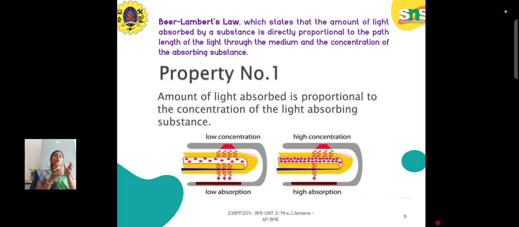So what property one tells us is that the amount of light absorbed by the substance is directly proportional to the concentration of the particular molecule present in the substance. If you have more absorption, it means the concentration of oxyhemoglobin and deoxyhemoglobin is also more in that blood sample. So this is property one.